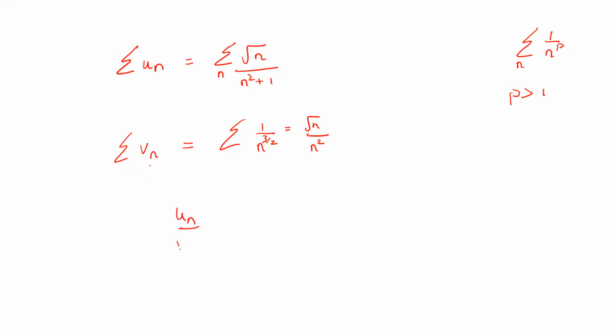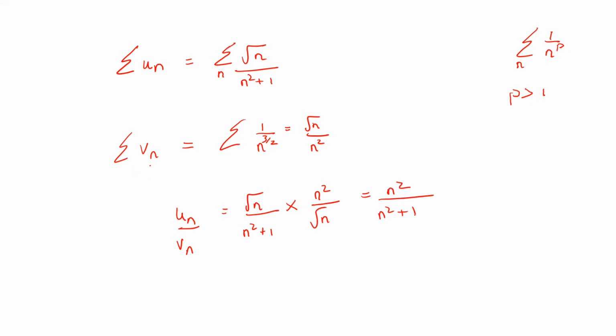Un by Vn is nothing but square root of n divided by n square plus 1, divided by Vn. So I can multiply by the reciprocal of Vn, which is nothing but n square, so this is nothing but n square plus 1.